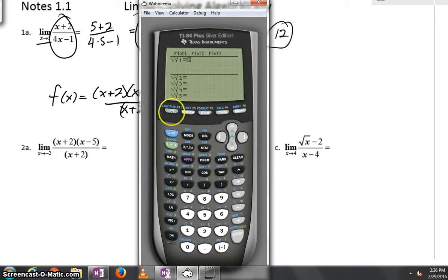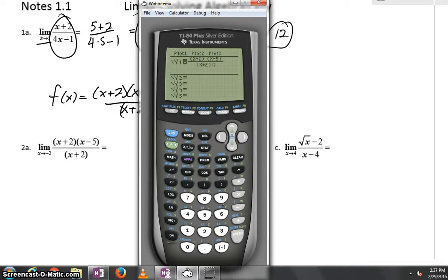You could type in right up here, parentheses x plus 2. And we could very quickly plug in x minus 5. And then we come down here and we've got x plus 2.